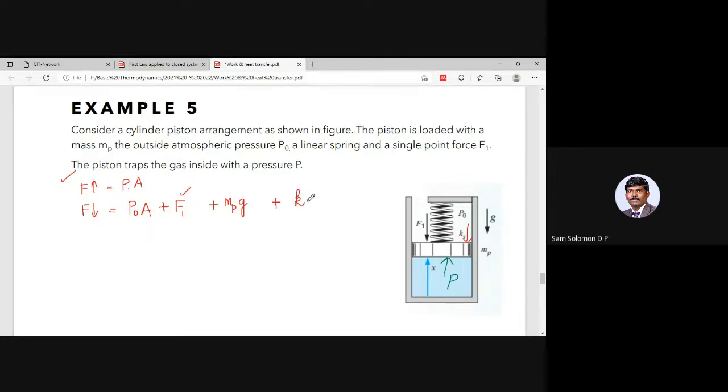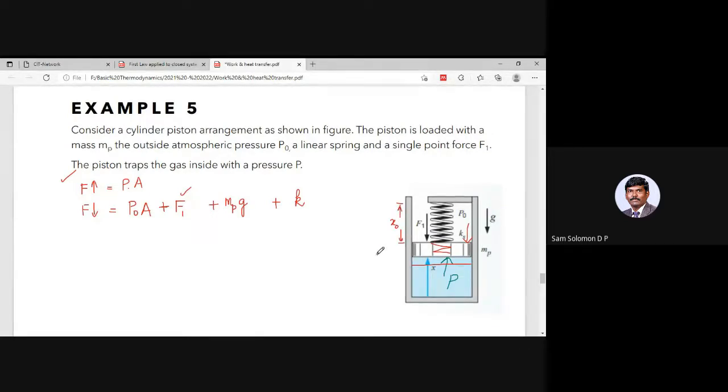And here you have the spring constant. If the spring is able to exert some force on the piston and push this piston down, say suppose the spring has elongated to this length, maybe pushing the piston to a lower position, the initial position of the spring, this distance can be called x naught.